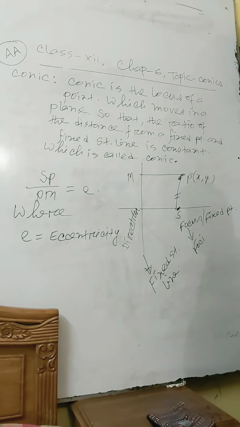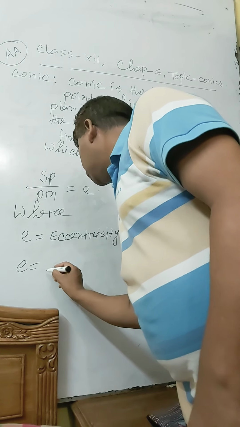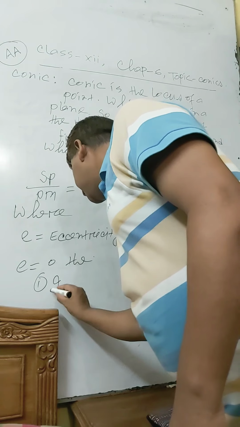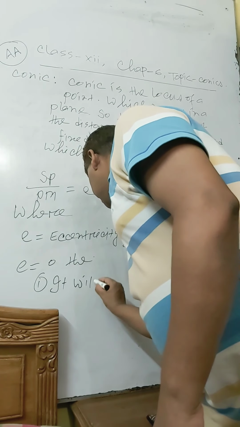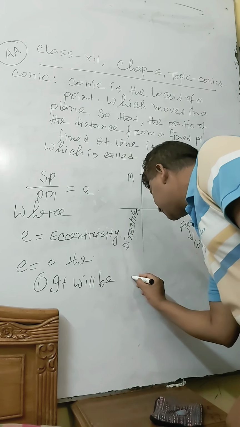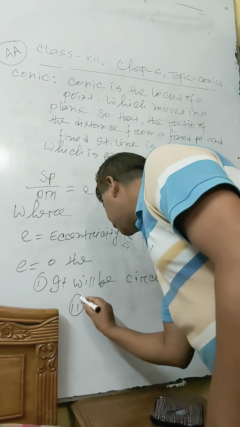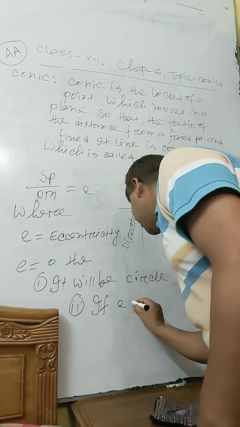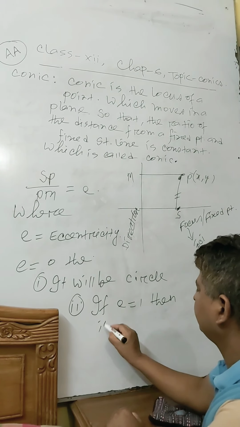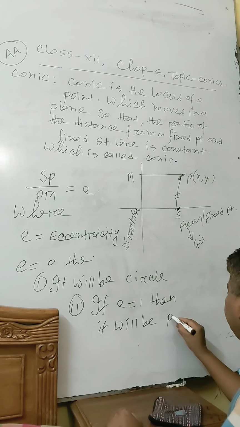In this case, number 1, if e equal to 0, then it will be a circle. Number 2, if e equal to 1, then it will be a parabola.